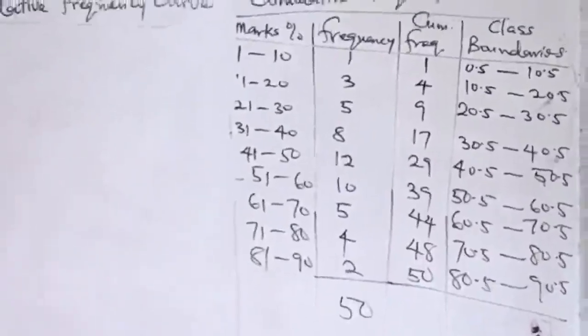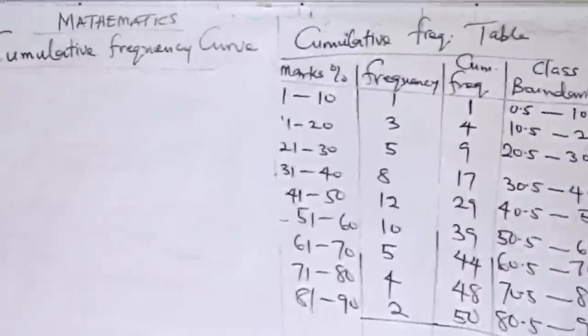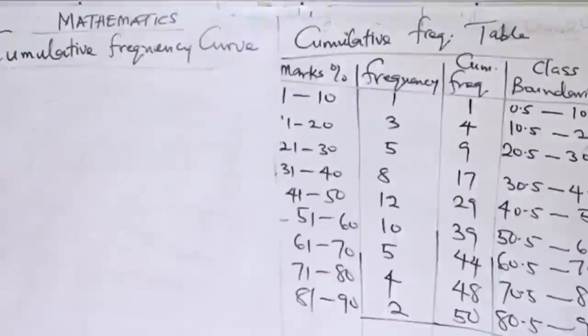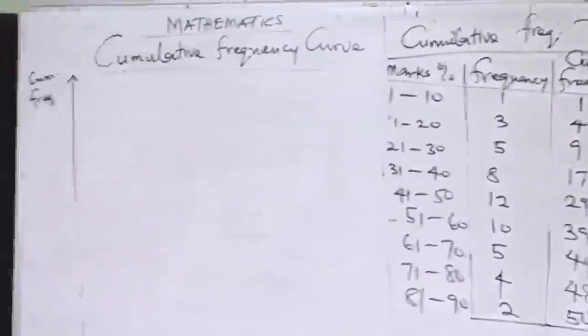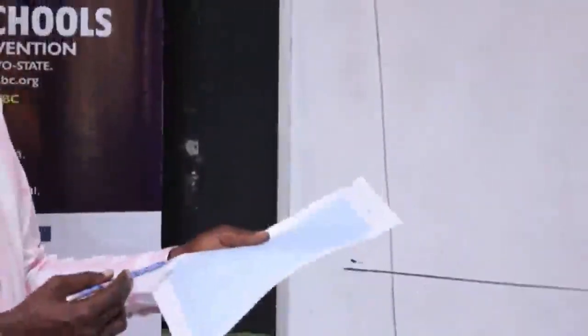If I'm taking somebody's graph as a case study, and the lowest is 1 and the highest is 50, and I want to accommodate it, I can say 2 centimeters to 5 units.